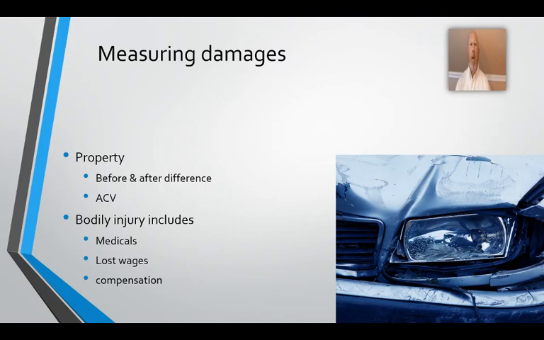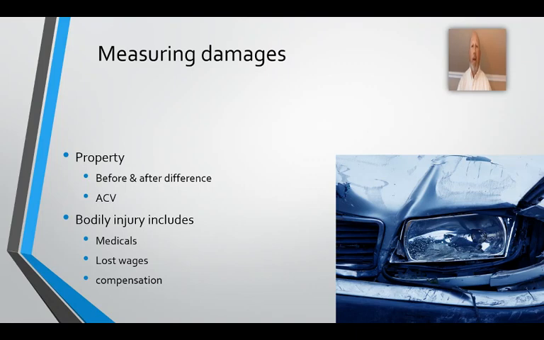Now, in property damage claims, you have some guidelines, although it's a little bit of a gray area like everything in liability claims. But the legal terminology for how you define a property damage claim is the difference between the before and after value. An example might be an automobile accident. The vehicle, before the accident, let's say it's worth $20,000.